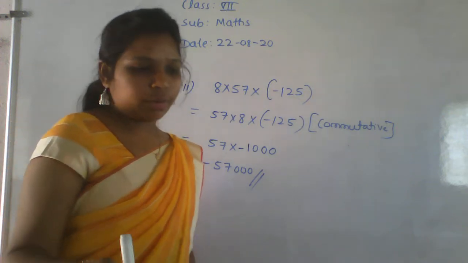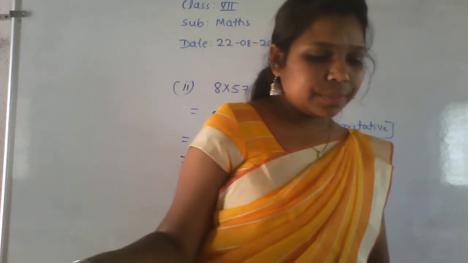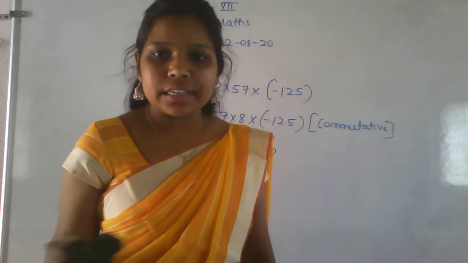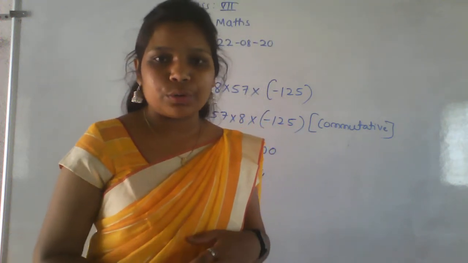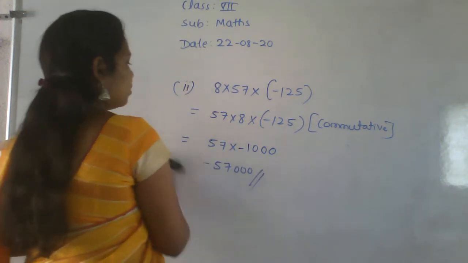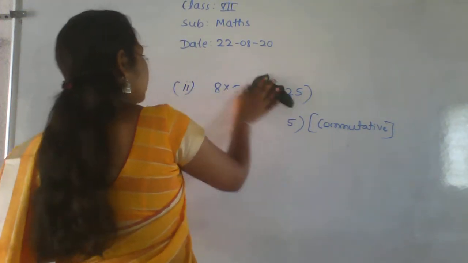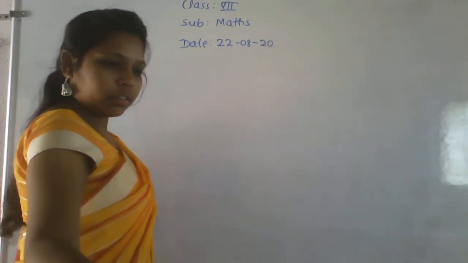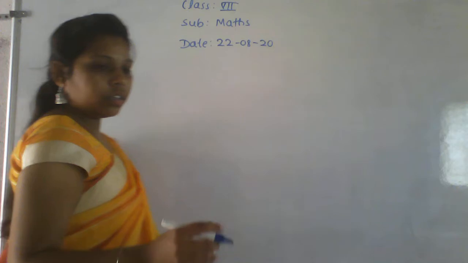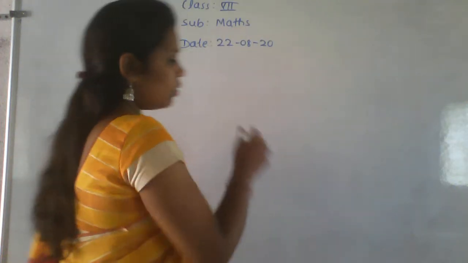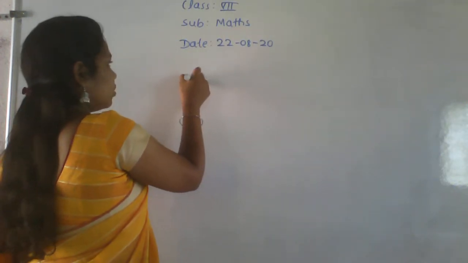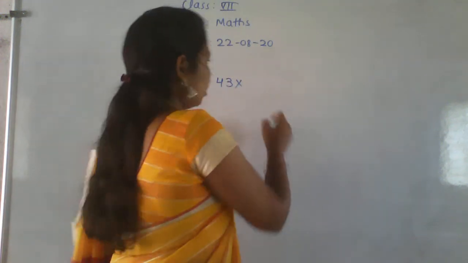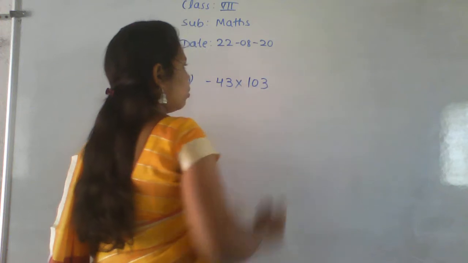Getting everyone? Okay. So next one is minus 43 into 103. Minus 43 into 103, how to do here? That is the third one, minus 43 into 103.